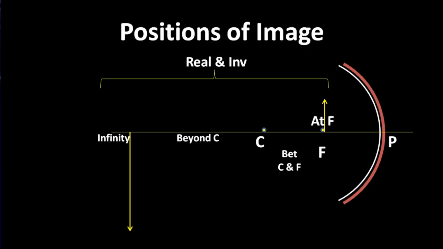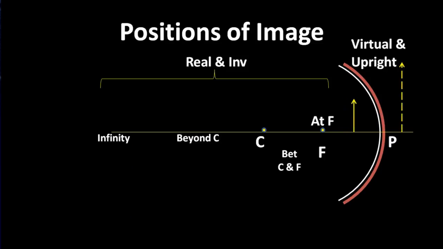Now let us shift the object one position towards right. We see that now the image formed is virtual and upright. It is formed not in front of the mirror but behind the mirror.